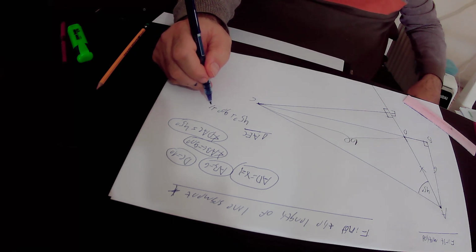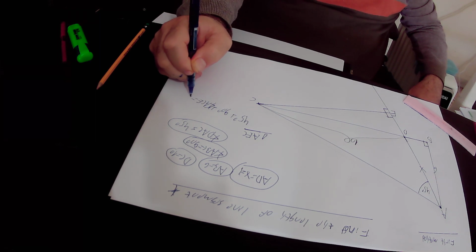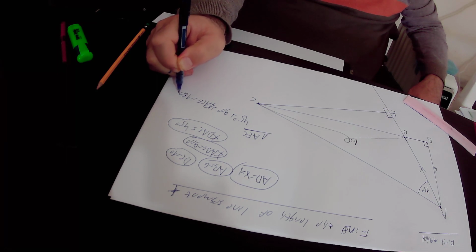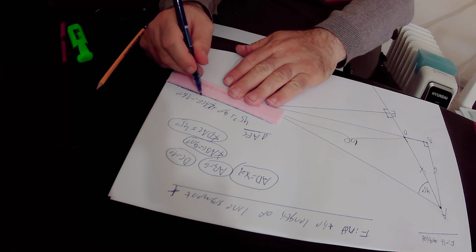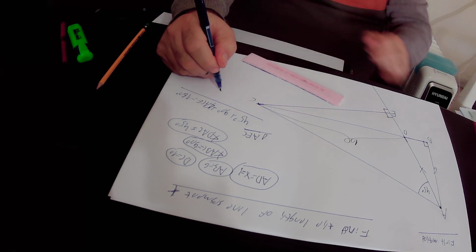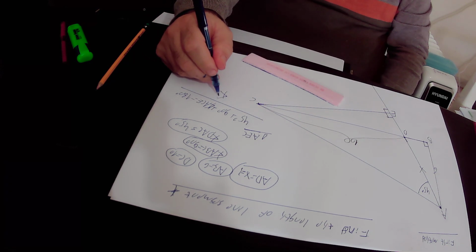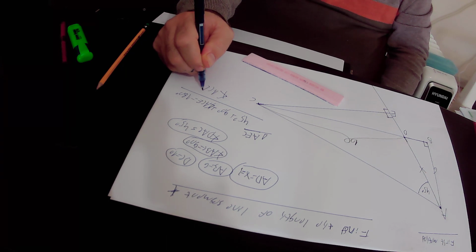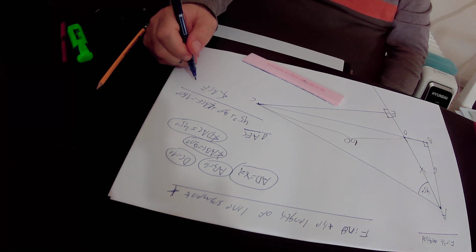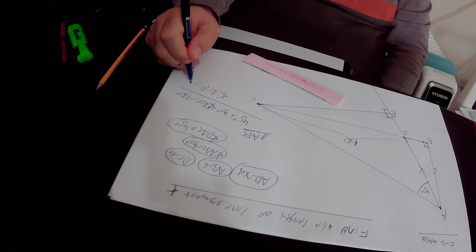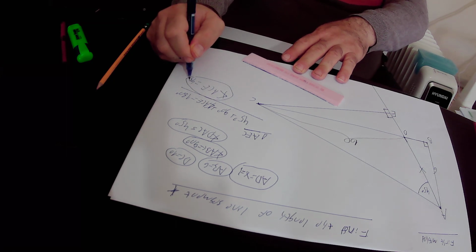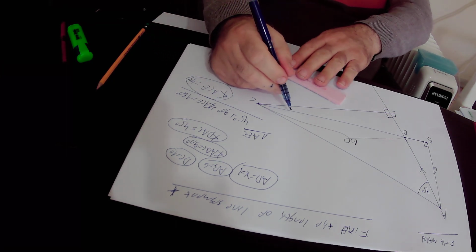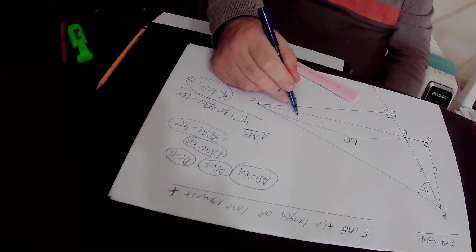In total, the sum of those three angles must be equal to 180 degrees. Here we will subtract 135 degrees from this equation, and we will get that the missing angle, angle ACE, is equal to 180 degrees minus 135 degrees, which is 45 degrees. So angle ACE equals 45 degrees.